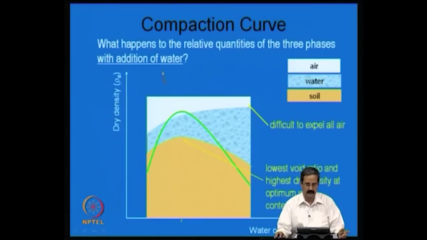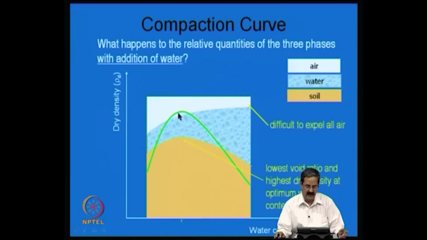And one needs to understand what is going to happen during the process of compaction. If you are able to plot a curve of the compacted sample, this could be the soil component, then this could be the water presence, and then this could be the gap, the air presence.